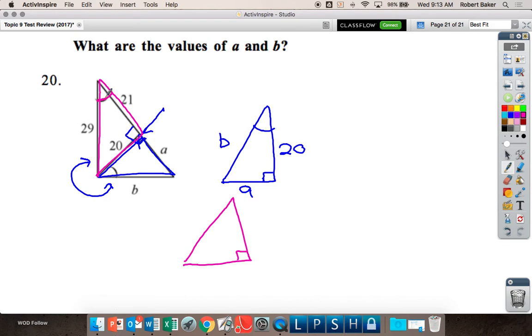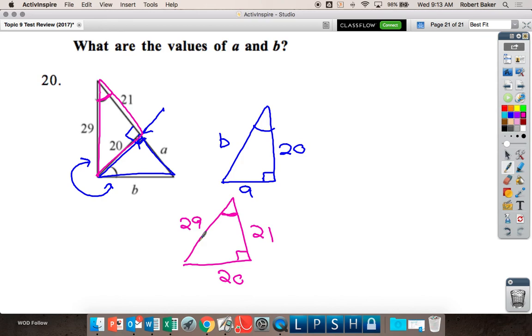We can add a congruent mark. So between the 90 degree angle and the congruent mark is a 21. Between the right angle and the angle that's not marked is a 20. And the hypotenuse is a 29.